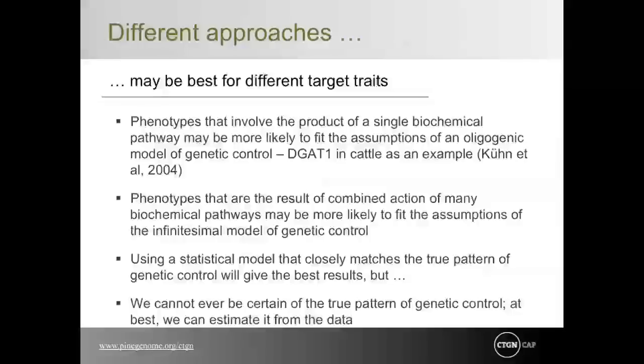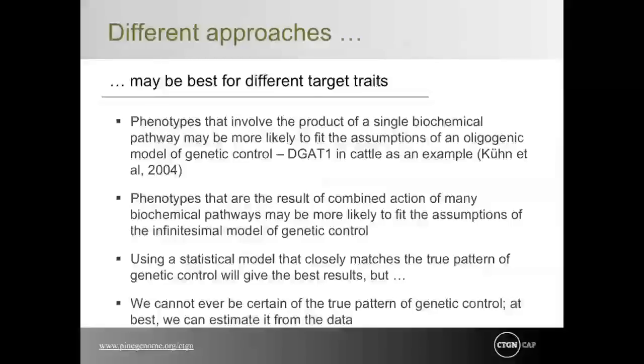Some traits can be expected to be controlled by smaller numbers of genes, with the potential to have individual genes with major effects on phenotype. For example, the DGAT1 locus on bovine chromosome 14 was shown by QTL mapping experiments to explain a substantial amount of variation in the fat content of milk in dairy cattle, and this locus has also been repeatedly detected in genomic selection experiments.